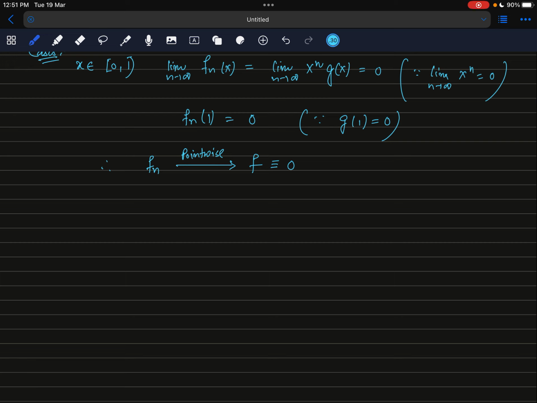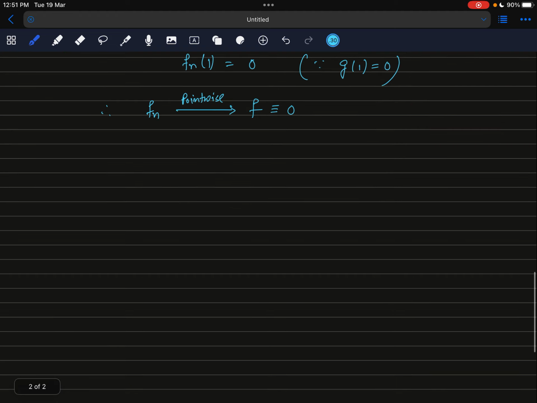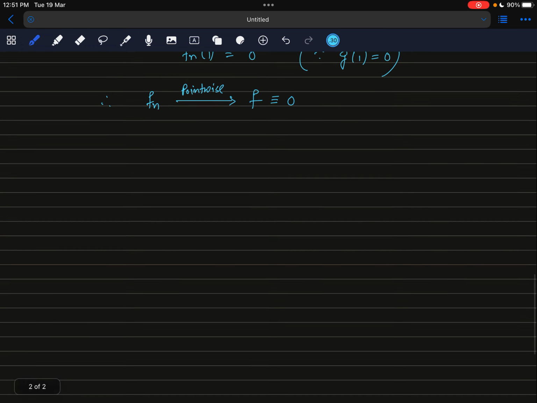Now we have to check the uniform convergence. For this we use the M_n test.